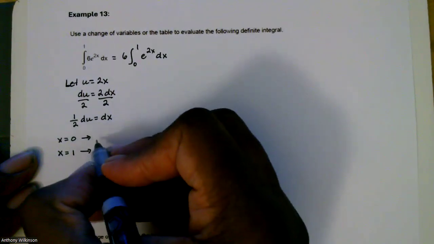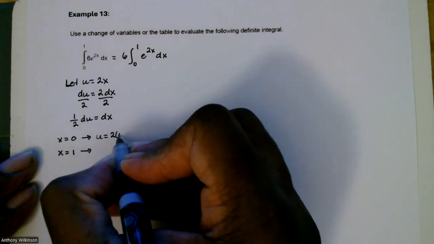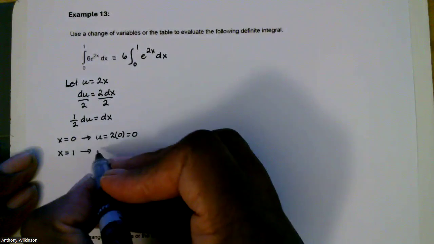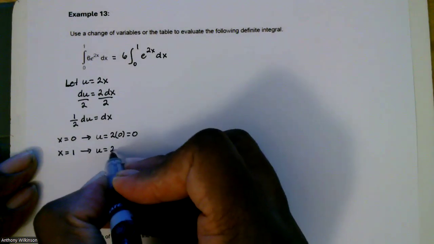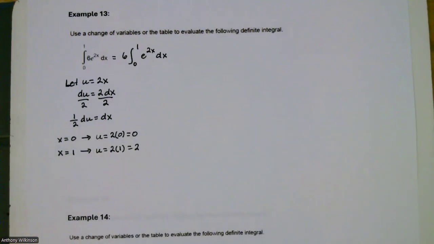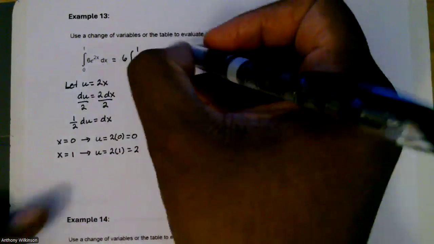So if x is equal to 0, that means u will be equal to 2 times 0, which is 0. And if x is equal to 1, that means u will be equal to 2 times 1, which is 2. So my new limits are going to be from 0 to 2 instead of from 0 to 1.